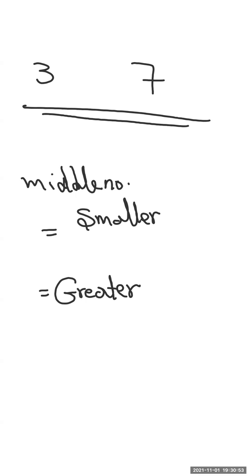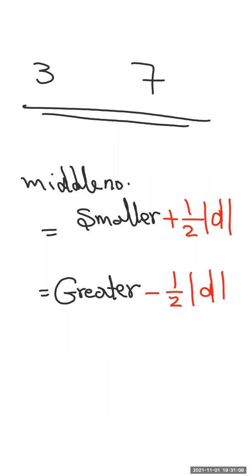If I'm going to use the smaller one, then the rule will become the smaller plus half the absolute value of the distance between the numbers. If I'm going to use the greater number, then minus half the absolute value of the distance between the two numbers. I'm going to explain the two rules. Don't worry.